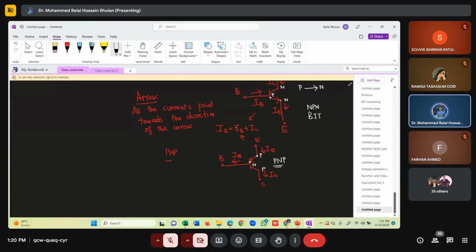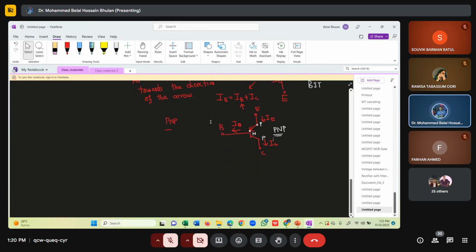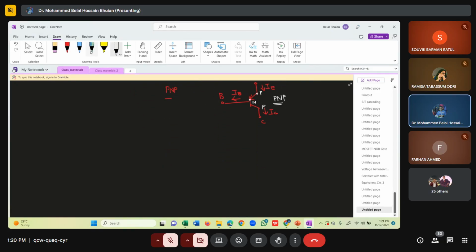So now we have learned the basic construction and symbol. Next, we are going to find out the region of operation. For MOSFET, we know that it operates in three regions: cutoff region, triode region, and saturation region.